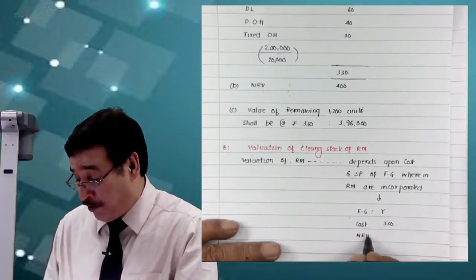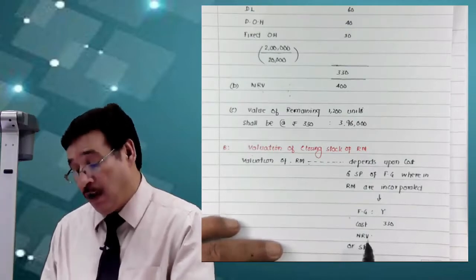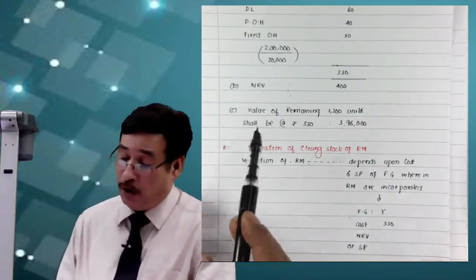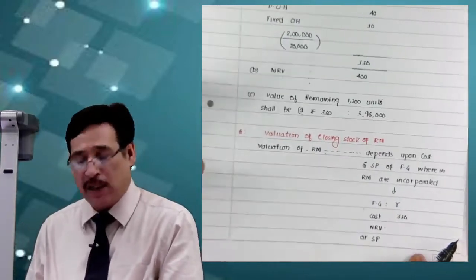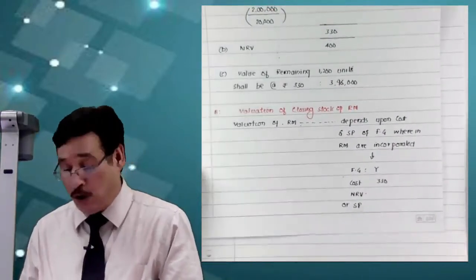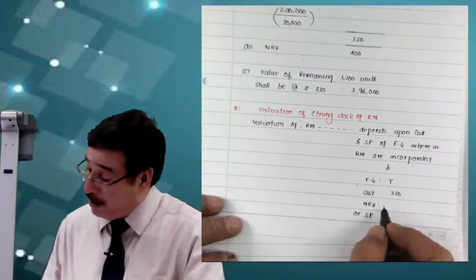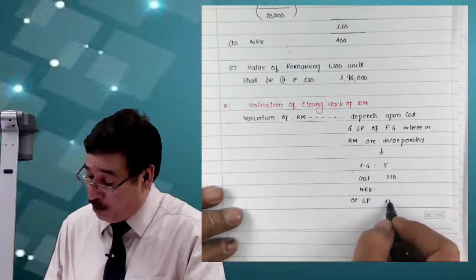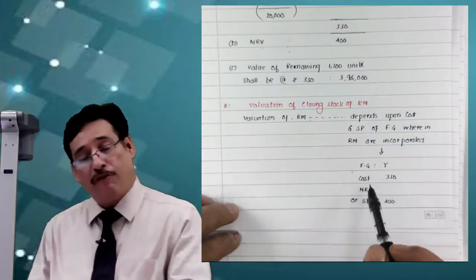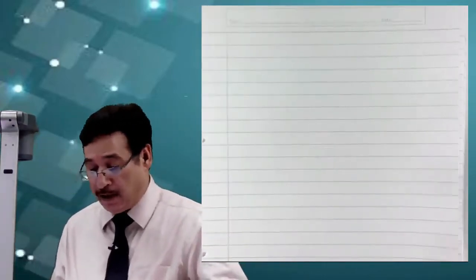NRV simply reflects selling price because this is the value which we would get if we were to sell all the units of finished goods. So net realizable value is nothing but your selling price. So don't waste your time in searching out selling price, correct? So selling price is 400. So we can say cost of finished goods is lower in comparison to their selling price.